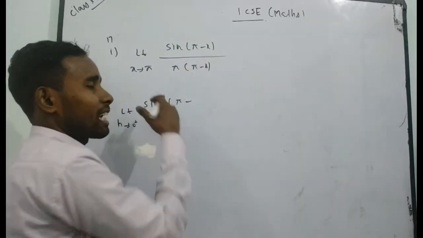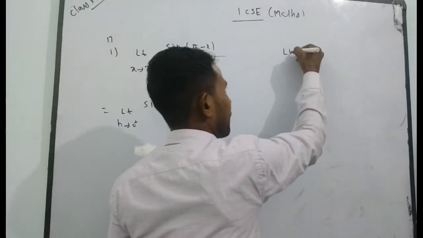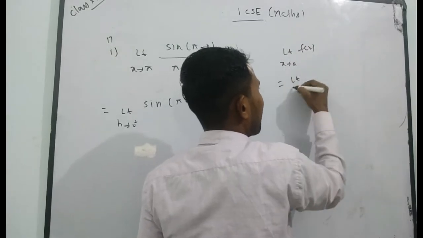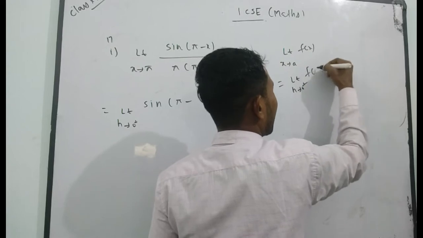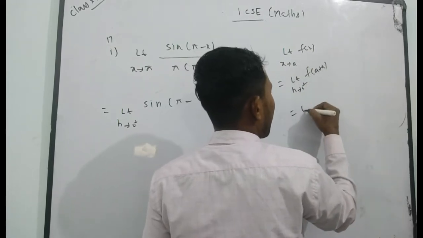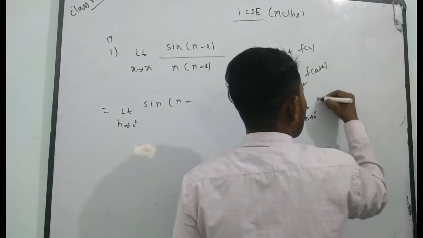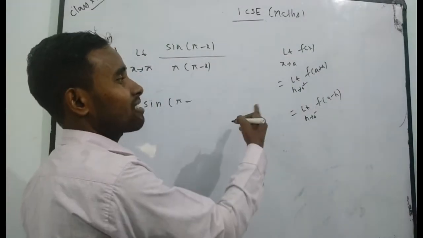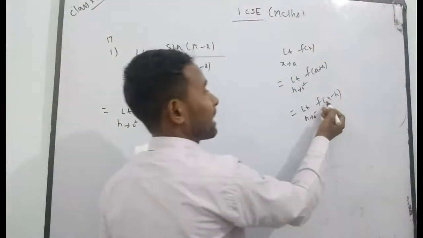Because I have already told you, if you take x tends to a, it will be the same as limit h tends to 0 from the right hand side, where x is replaced by a plus h, and similarly from the left hand side, x is replaced by a minus h.